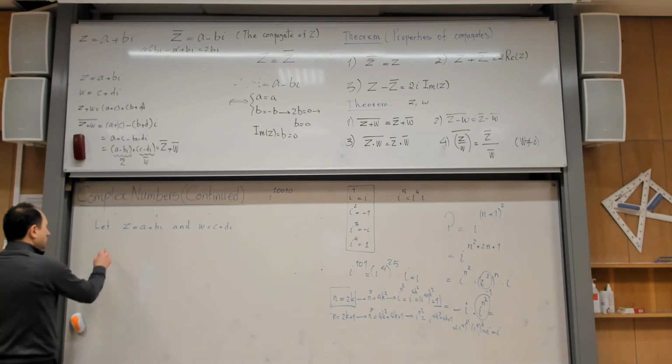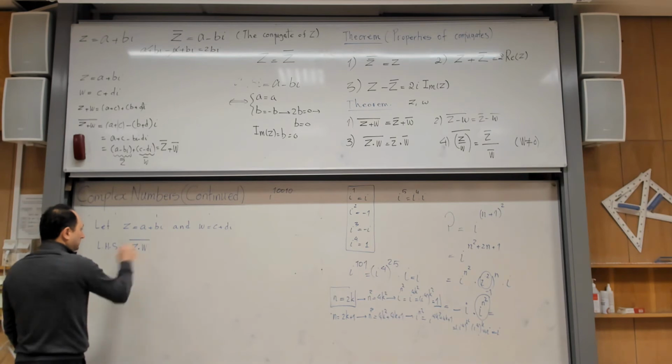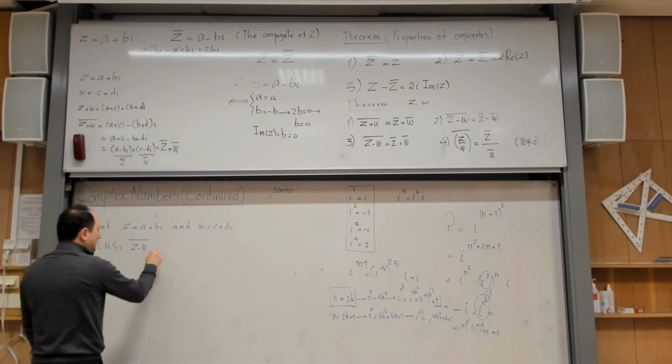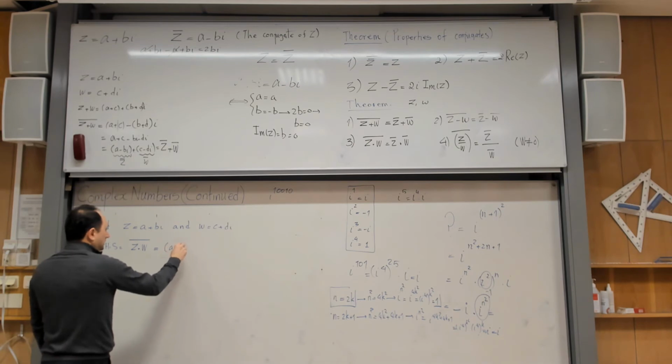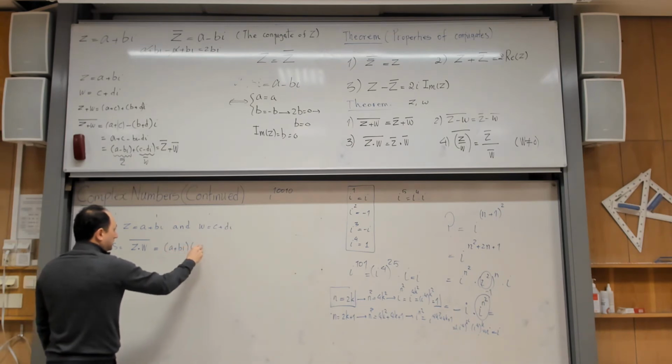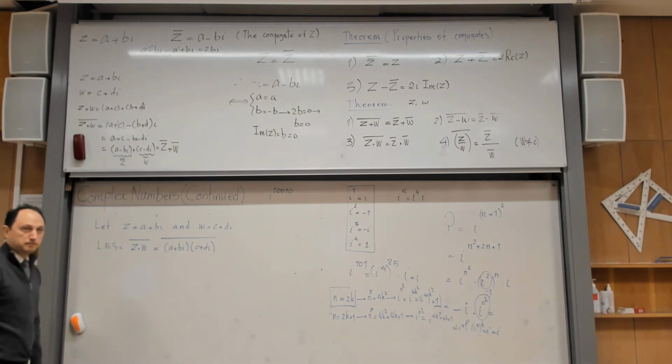So, okay, if I want to calculate the left-hand side, let me just write it like that. Left-hand side is equal to Z times W totally bar. This means that Z is this number, W is this number. I multiply them first, and what I get, I conjugate it.